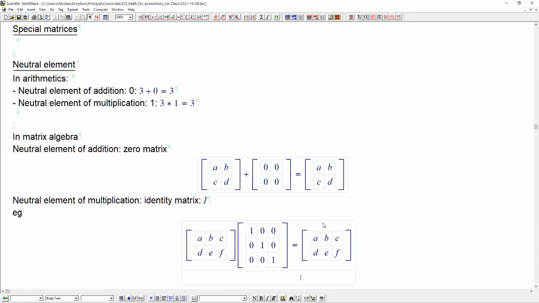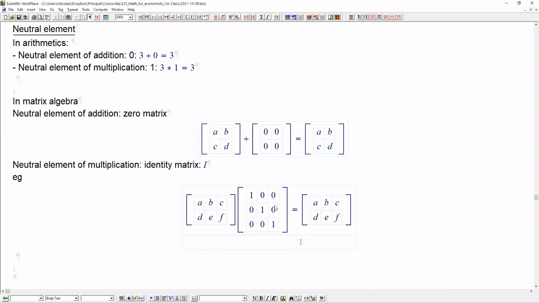And also I could have, so that's if I post-multiply by the identity matrix. But if I wanted to pre-multiply by the identity matrix, so what kind of matrix would I need? Here, what size?